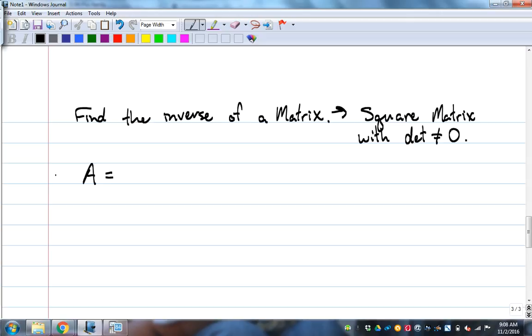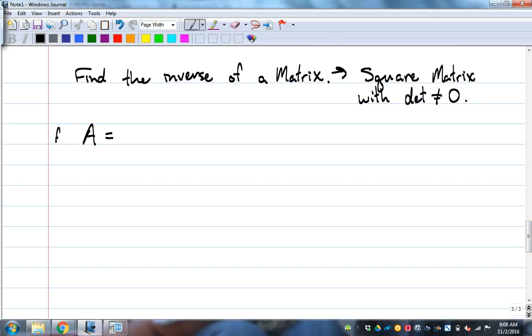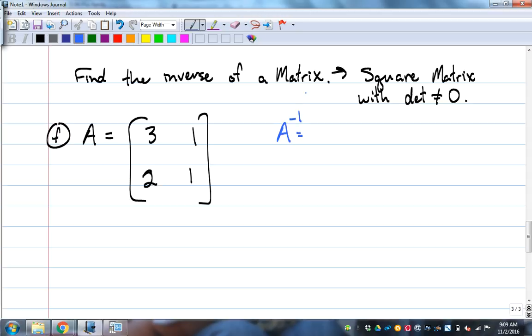So let's call this matrix A. Matrix A, and let's just do a 2 by 2, 3, 1, 2, 1. Okay. A inverse, the notation is like function notation for inverse functions, just like a -1 exponent. That's the notation for the inverse.